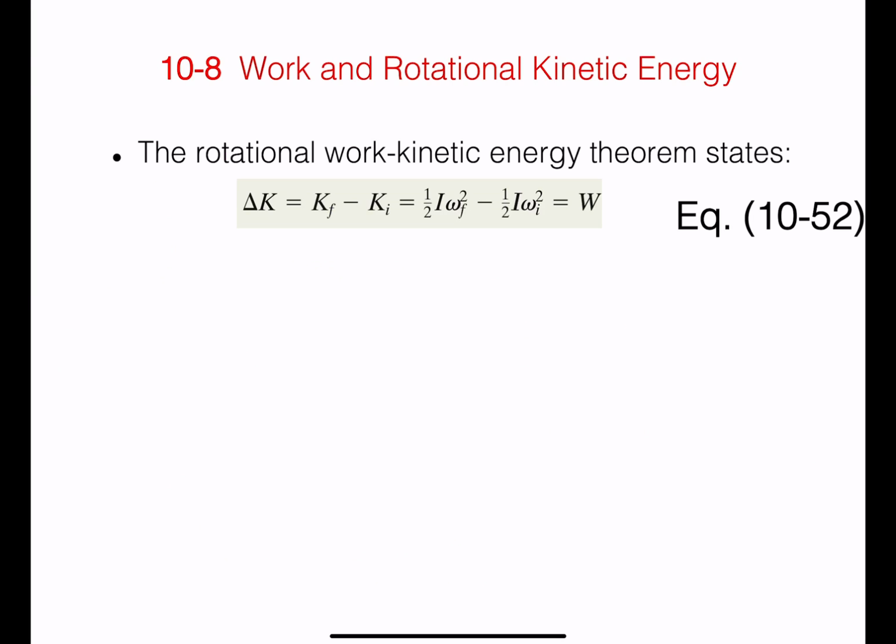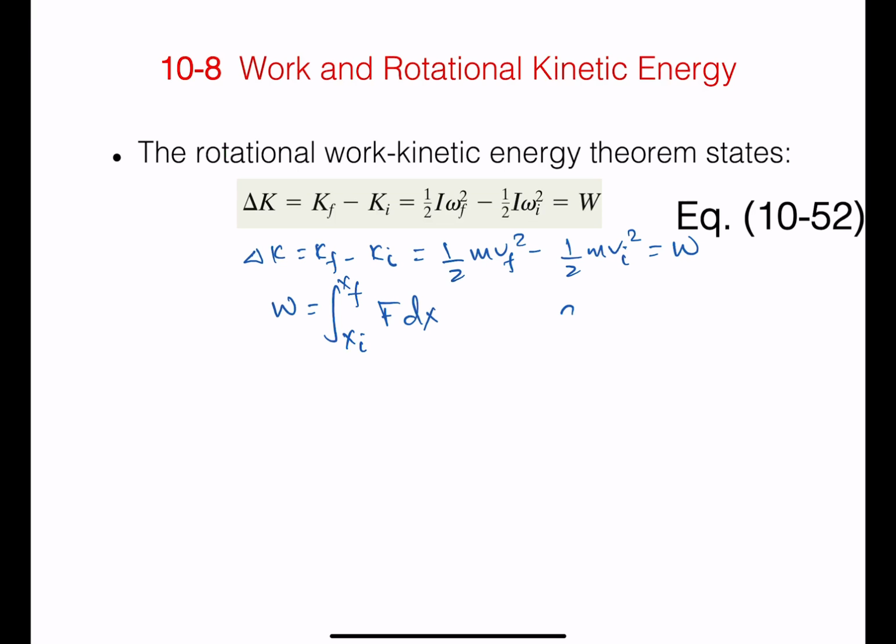All right, the rotational work-kinetic energy theorem. We'll talk about the work-energy theorem again. The change in kinetic energy is K final minus K initial, which is 1/2 m v final squared minus 1/2 m v initial squared. Work in linear motion was the integral of F dx from x initial to x final.